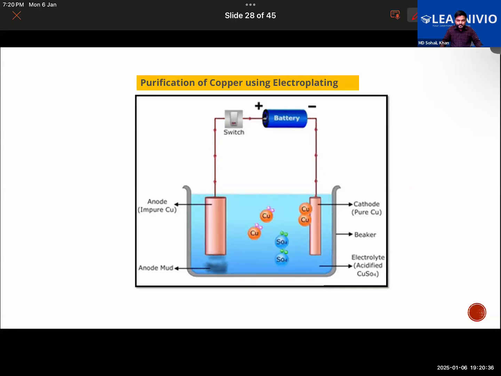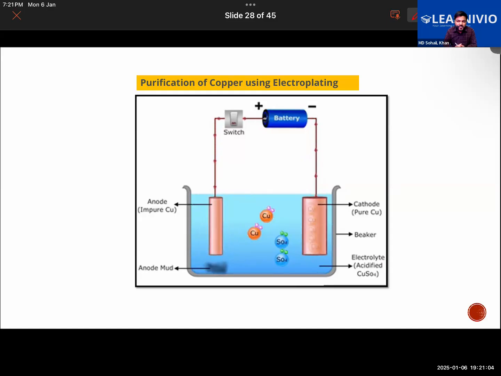So can you repeat? The first question is, in the process of purification of a given metal, which one is made the anode, the pure rod or the impure rod? You guys can take a look at the animation and answer from that as well.